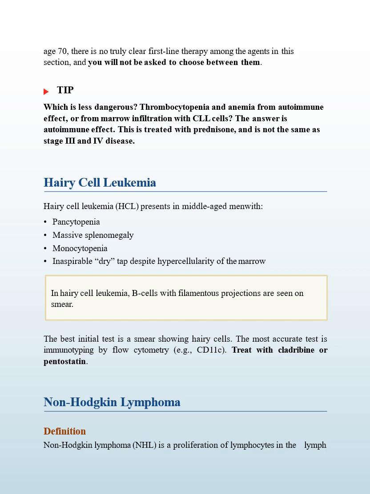The next clinical topic which we need to discuss is non-Hodgkin lymphoma. By definition, NHL, or non-Hodgkin lymphoma, is a proliferation of lymphocytes. Let's go to the next slide, slide 43.